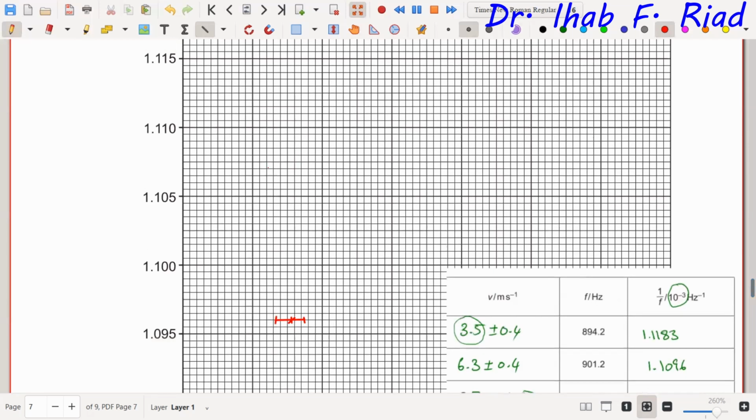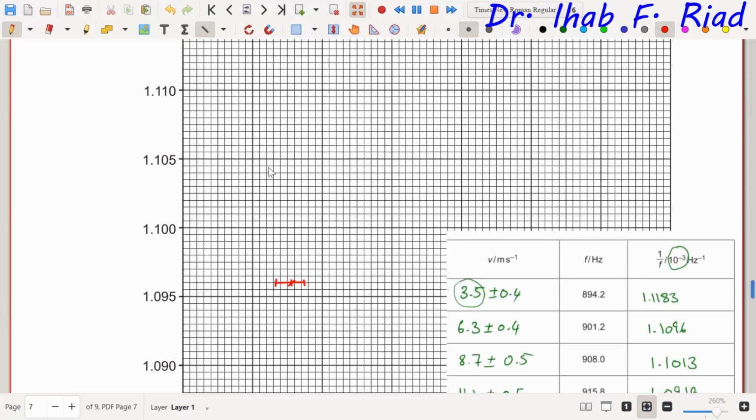It should be around here. So it is going to be 9 steps from 1.105.